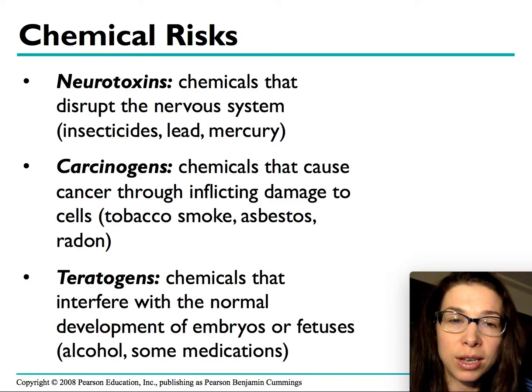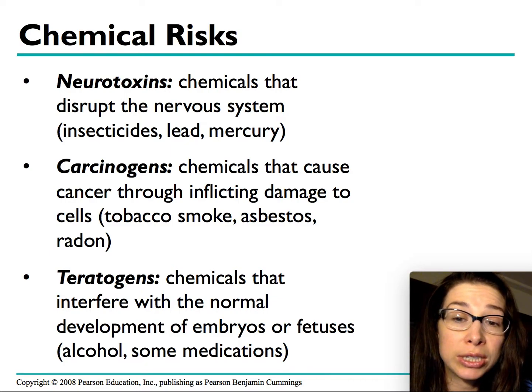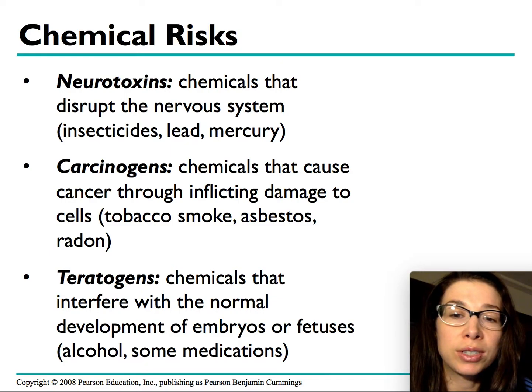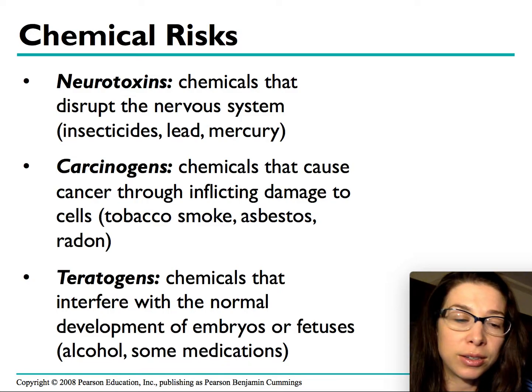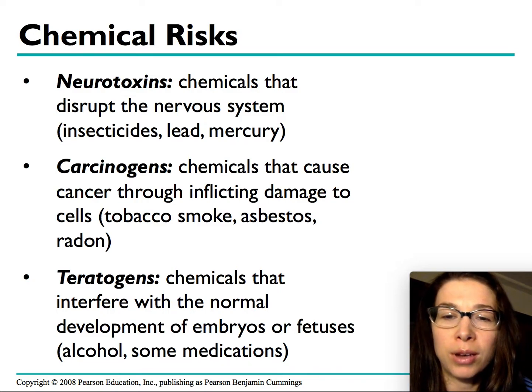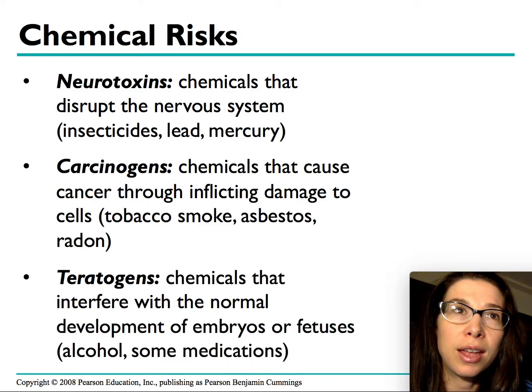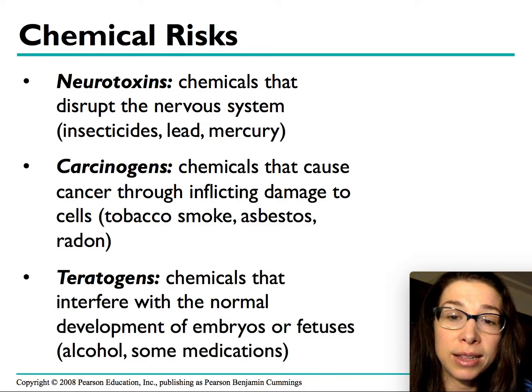Carcinogens are chemicals that cause cancer, and teratogens are chemicals that will disrupt the integrity of your DNA molecules. Every cell in your body has a nucleus, or most cells in your body have nuclei with DNA in them. What is DNA? DNA gives your cells the instructions of which proteins to make and what processes to run.